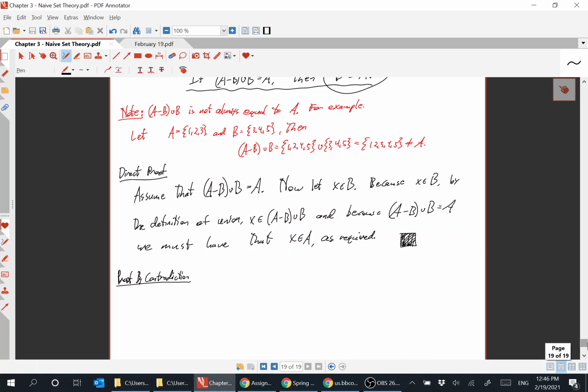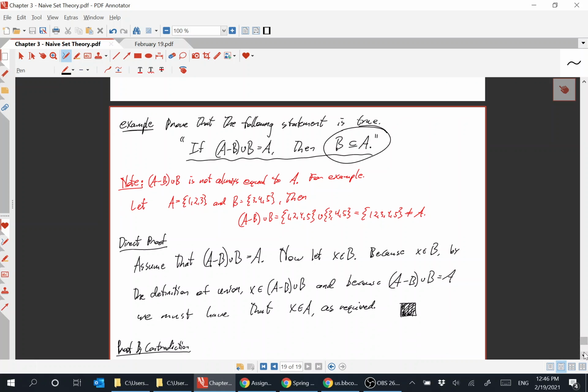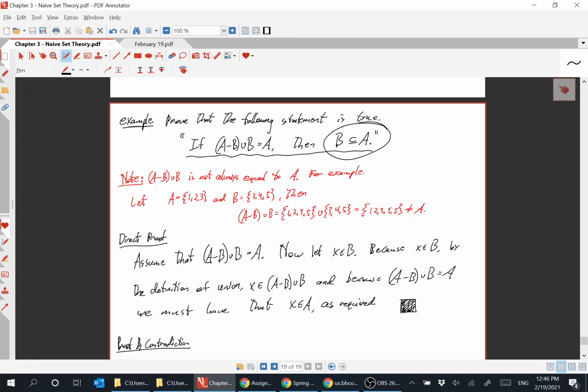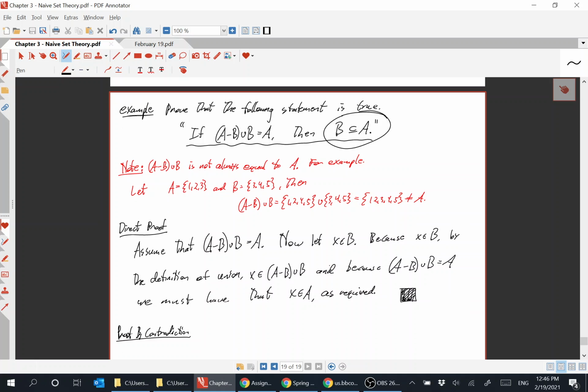Specifically, that means what? The hypothesis is true and the conclusion is false. So we want to assume the hypothesis is true and the conclusion is false.